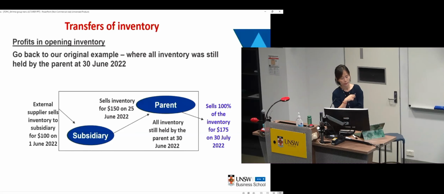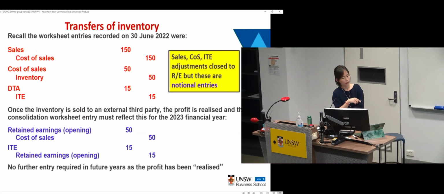So you can see here, 30 June 23, that is for the year ended 23. Now you can see when the worksheet entry is prepared on 30 June 22, that is in the year when this intragroup transaction took place, we have the following elimination entries prepared in the prior year worksheet, including elimination of the sales revenue, adjustment to the inventory, elimination of the cost of sale, and the tax effect entries. Now, all these entries are notional adjustments.